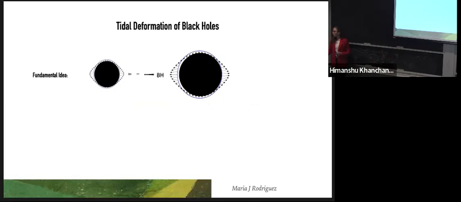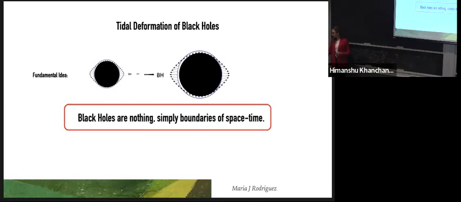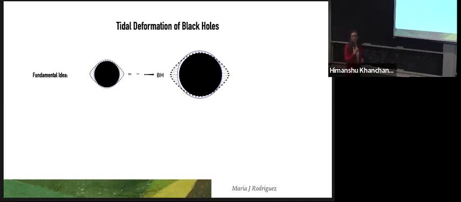Tidal deformations are very important effects that, when we study Kerr black holes, typically are not there because we have just a single rotating black hole. But the question about tidal deformations has to do with what happens when you place a black hole next to another gravitational object, in particular another black hole which is strong enough to actually deform the first one.